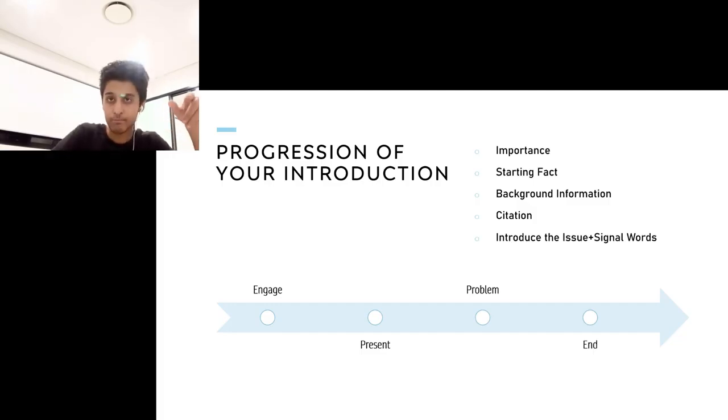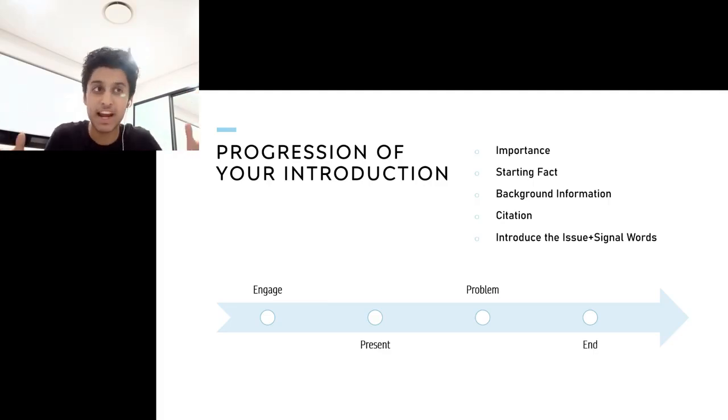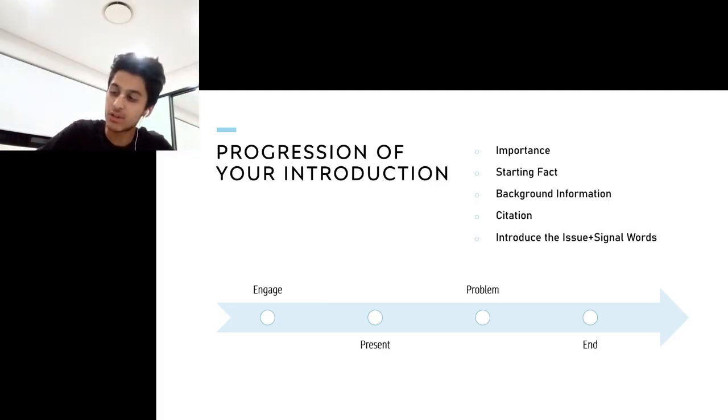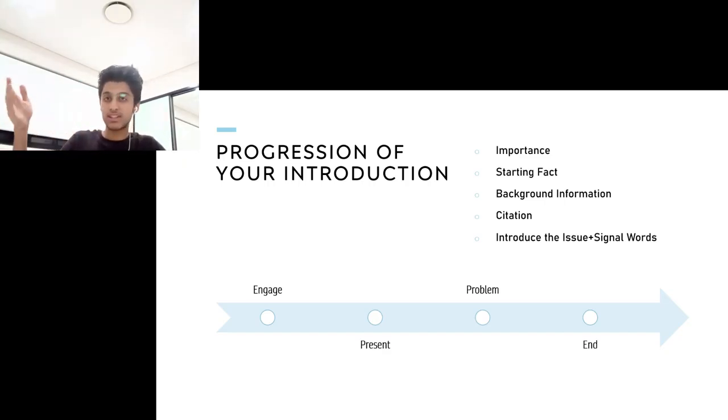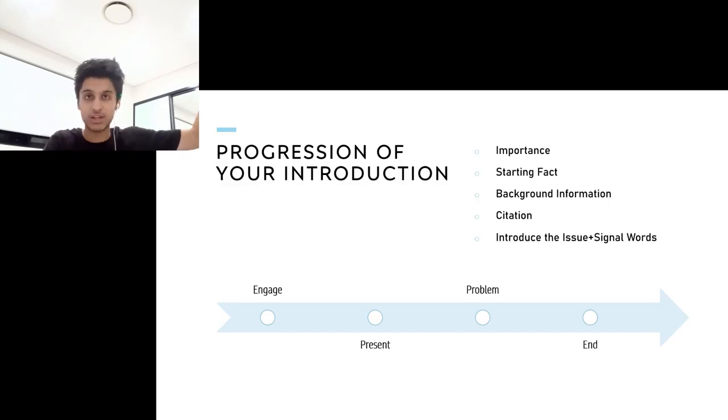So don't be afraid to point out something wrong. You can say that although this person did research on the curing time of concrete, it was done 50 years ago and is probably not valid today, so we need to research it again.